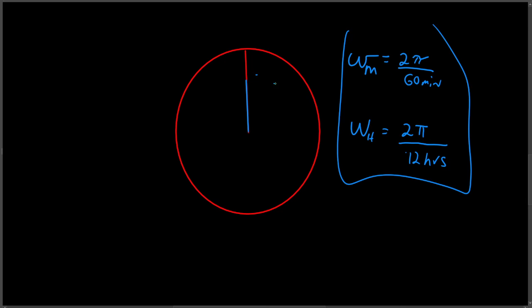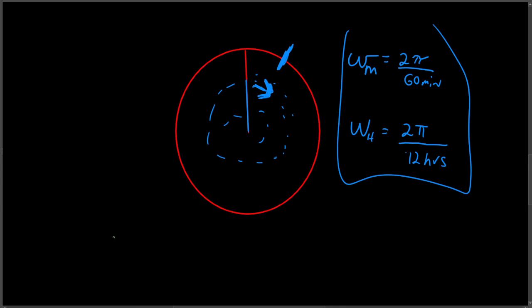So the motion that we get out of this, as it moves around the clock, these two things will start moving. This will start moving forward, and this will start moving forward. Now, the minute hand will go all the way across and plus a little bit more in the time it takes the hour hand to move forward a bit.